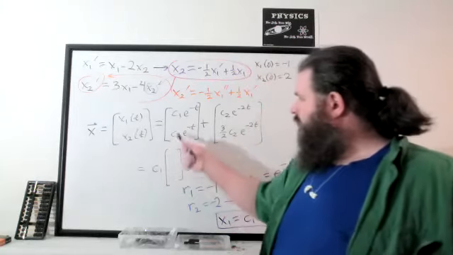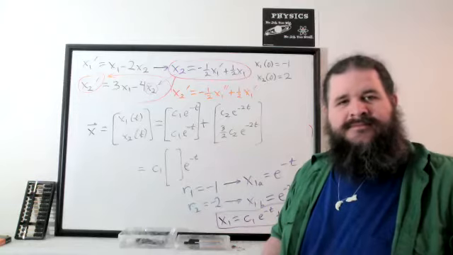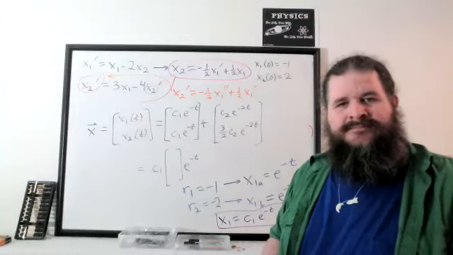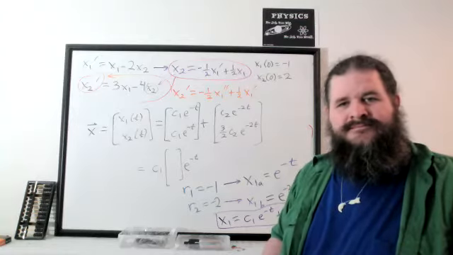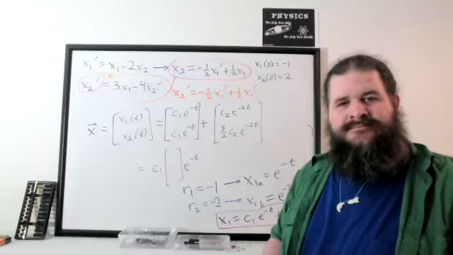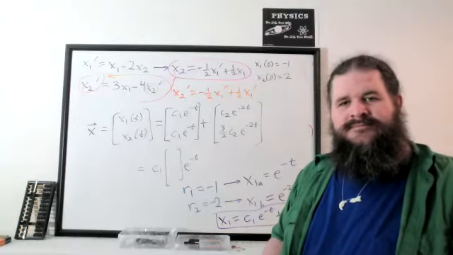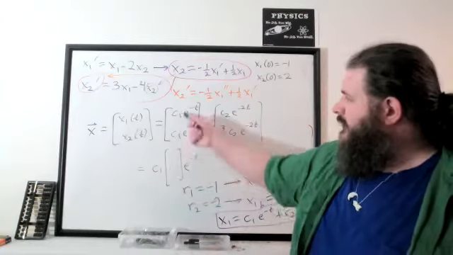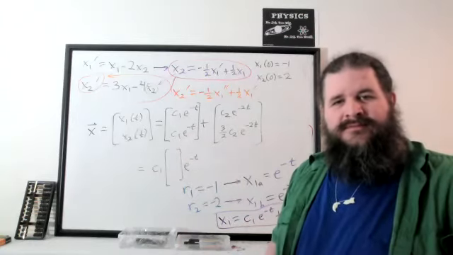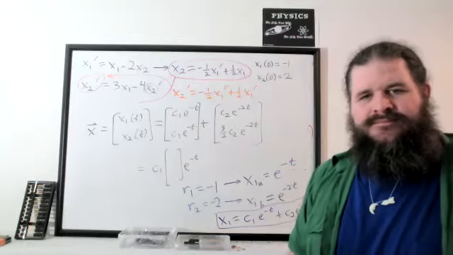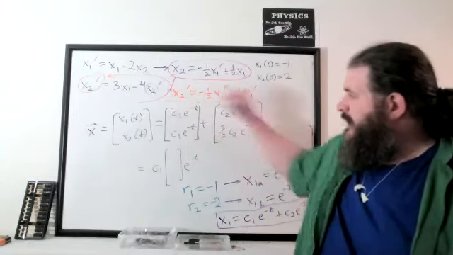And what's left if we factor out c1 e to the negative t from this vector? What numbers do we still have here if we factor out c1 e to the negative t from both terms?